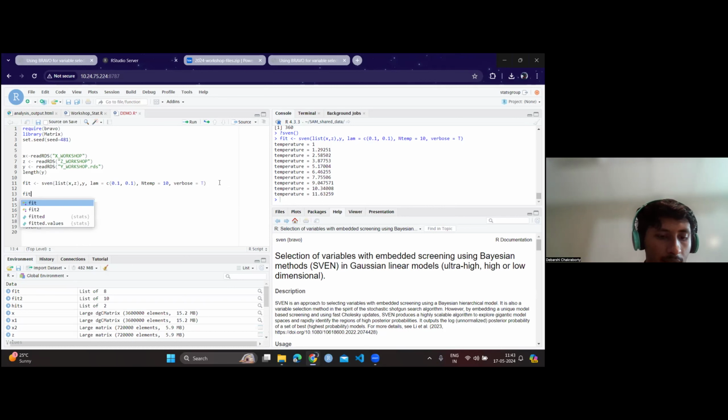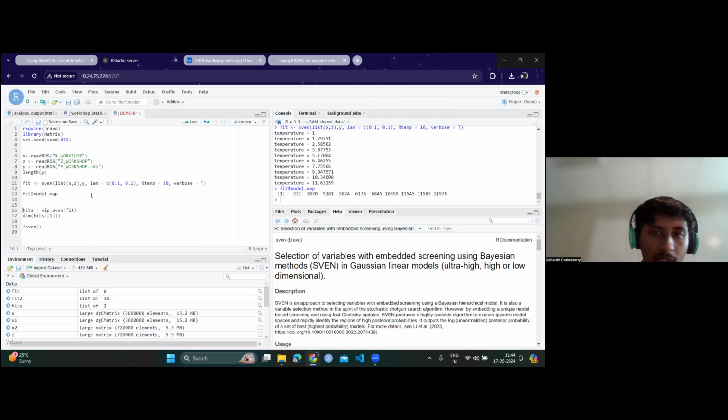Let us see what things we can extract. If you type fit and a dollar sign after that, we can extract any output the SVEN function returns. We said we have different kinds of methods to get the posterior probability. This MAP is the highest posterior probability model, and this WAM is the weighted average model. If we see this model, these are just column indices.